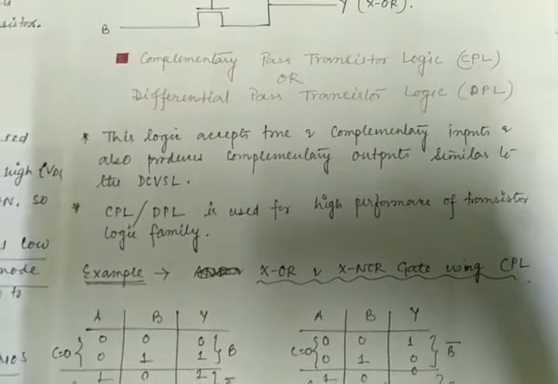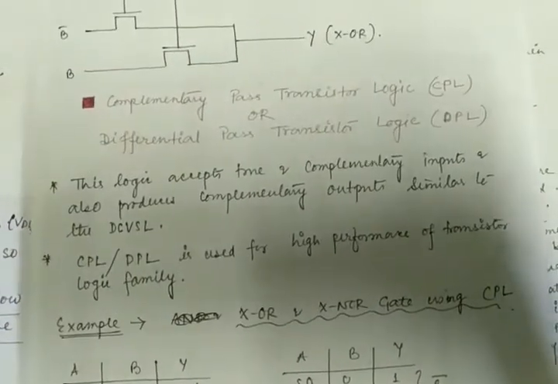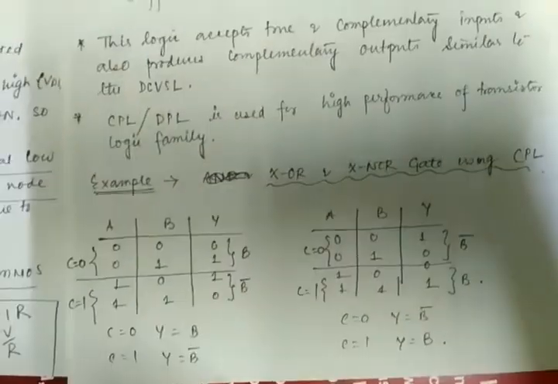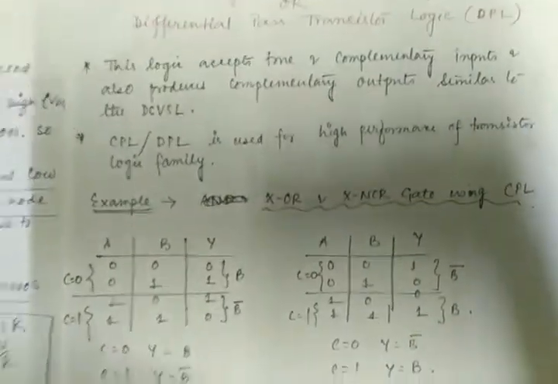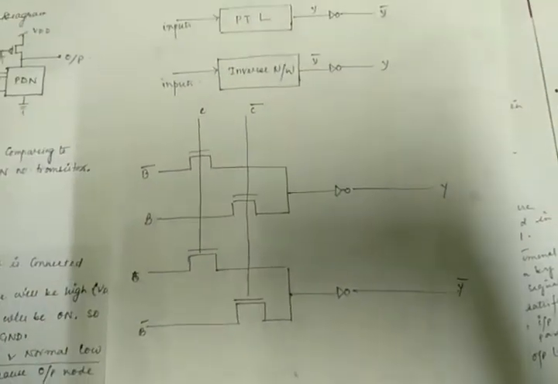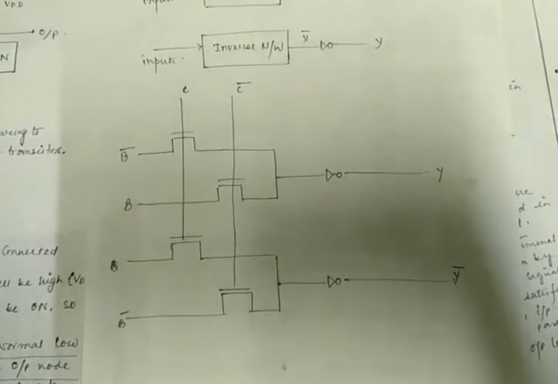That's why it's known as complementary pass transistor or differential pass transistor logic. All the details are given over there. Please go through that, and the design style is also there. I think it will be better understandable by you. So please go through the description for all details and try to implement all kinds of design.